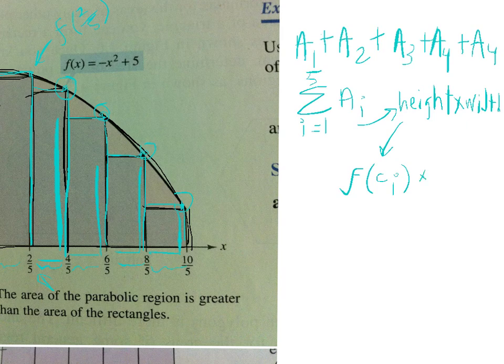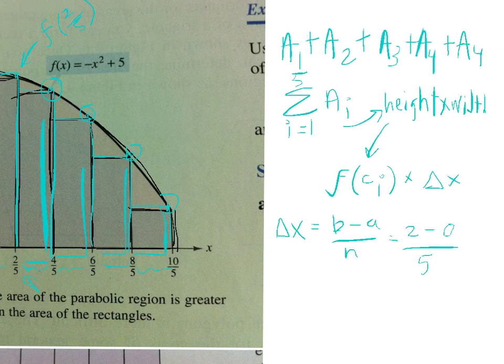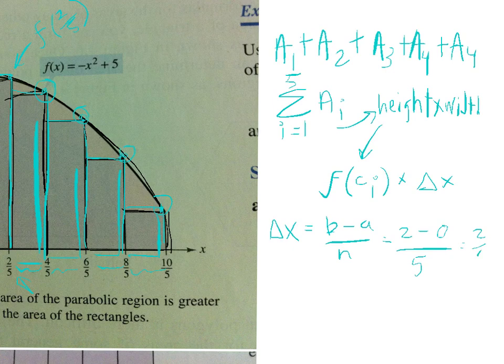And the width is something we're going to call delta x, which for this case is equal for all of them. We see that it's 2/5 by looking at the picture, but we could also note that it's 2/5 by using this formula. Delta x equals b minus a over n, where b is our right endpoint, so 2, a is our left endpoint, so 0, divided by the number of rectangles, which is 5. So that would be 2/5.